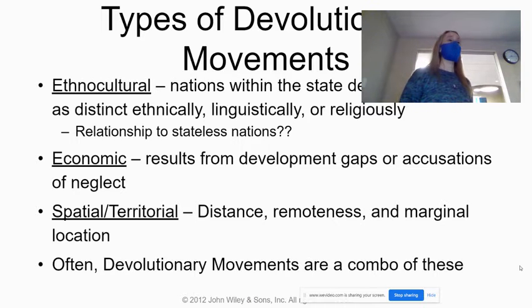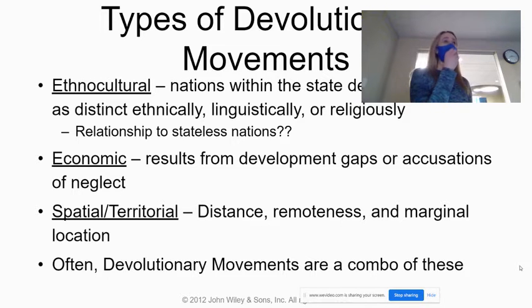An example of this is Catalonia. Catalonia is a region of Spain where Barcelona is. Barcelona is the capital of the region of Catalonia. And Catalonia is much more economically profitable, comparably to their population at least, than many other regions of Spain.